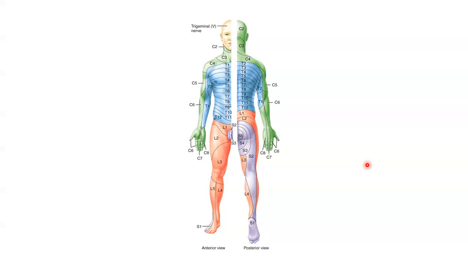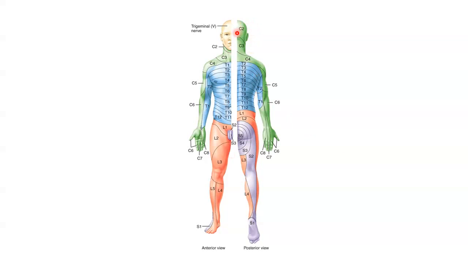The area of the skin that contains the receptors that provide that sensory input for one spinal nerve is called a dermatome. So D-E-R-M-A-T-O-M-E, dermatome.